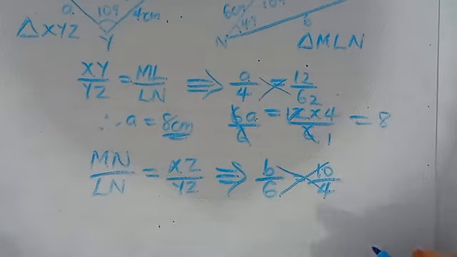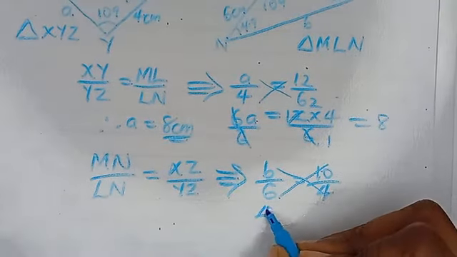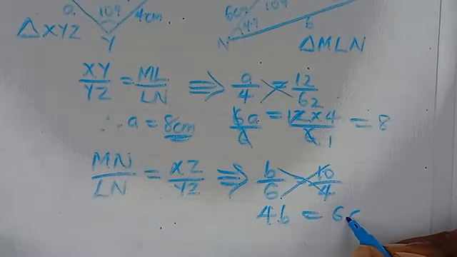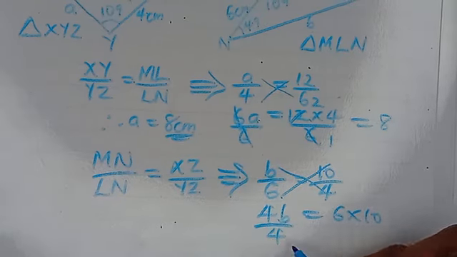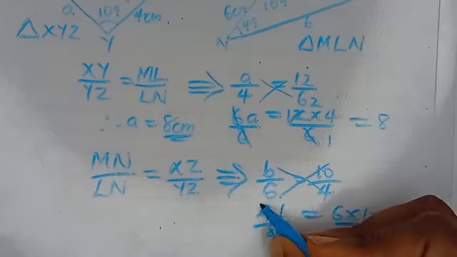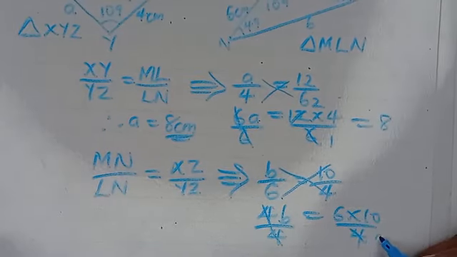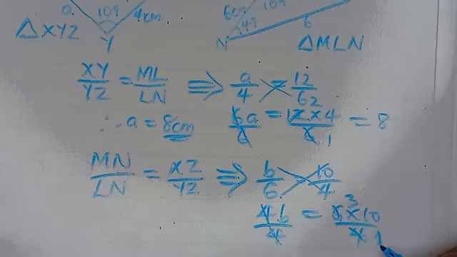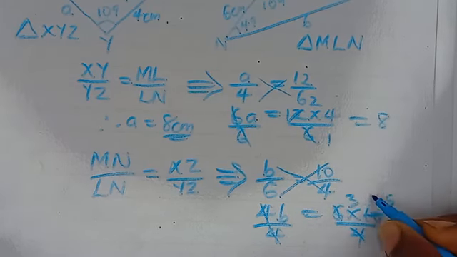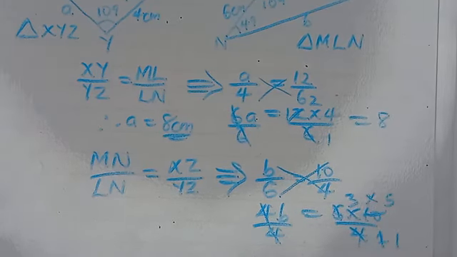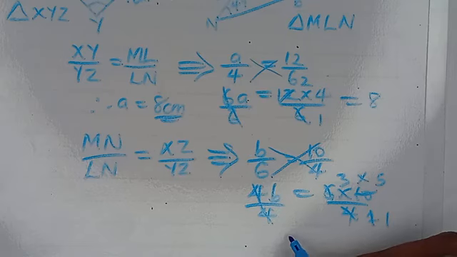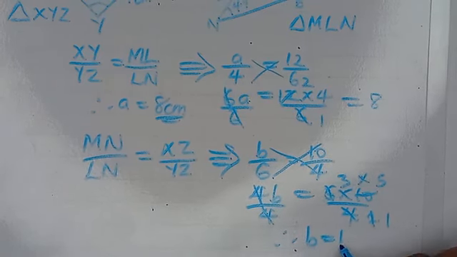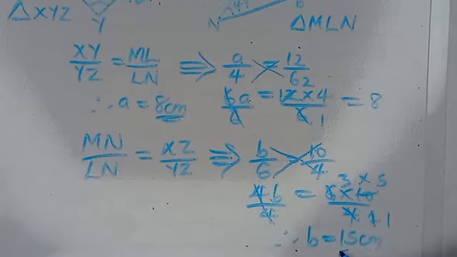We have that 4B is equal to 6 times 10. And we divide both sides by 4. So 2 here is 2, 2 here is 3, 2 here is 1, 2 here is 5. So 3 times 5 is 15. We have that side B is equal to 15. Therefore, B is equal to 15 cm.